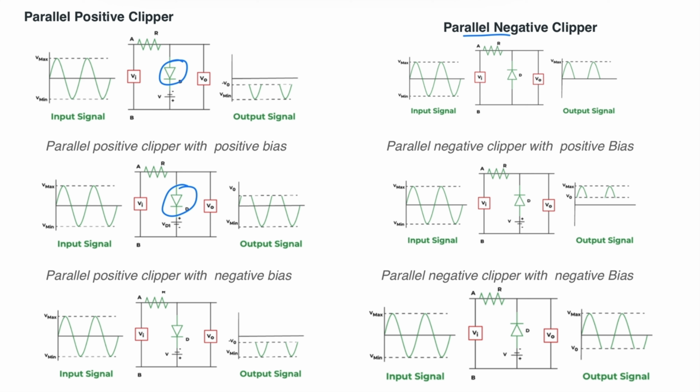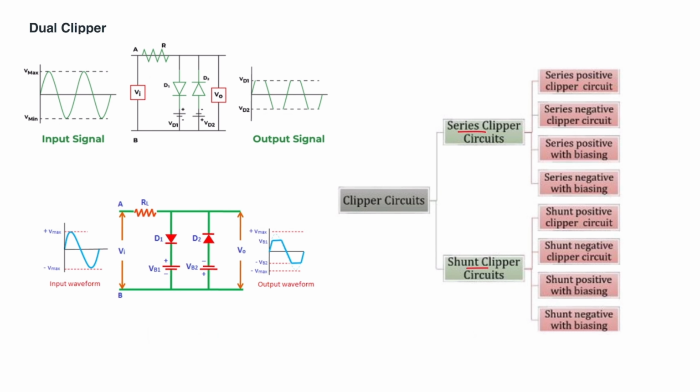Shunt positive clipper with positive bias, shunt negative clipper with negative bias. Here there is no voltage source directly connected to ground. Then parallel negative clipper with positive bias, parallel negative clipper with negative bias, and the dual clipper.